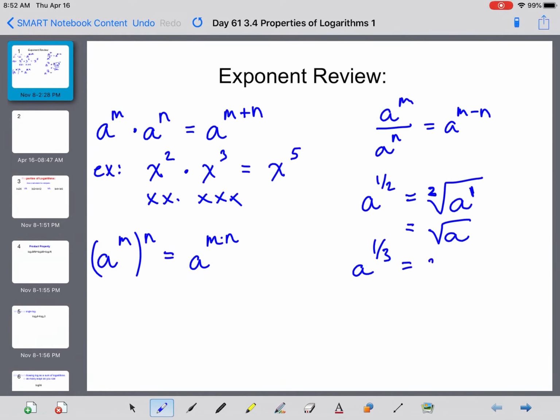Similarly, a to the 1/3 power would be equivalent to the cubed root of a, and then something like a to the 2/3 power would be equivalent to the cubed root of a squared. Okay, the denominator becomes the index, so what root you are taking, and the numerator of the exponent becomes the exponent on the base.